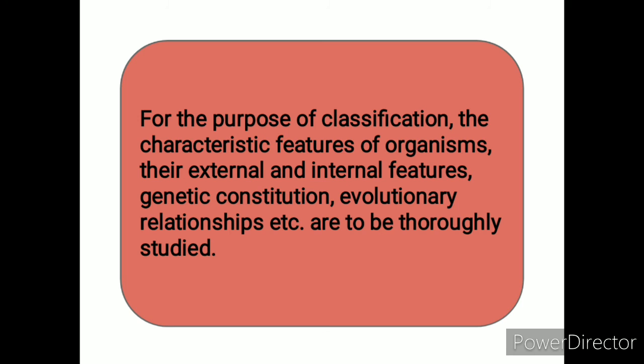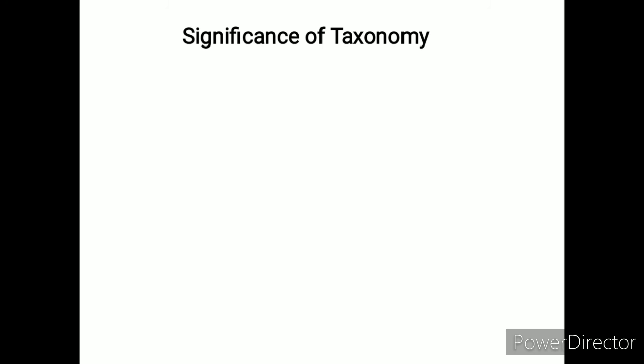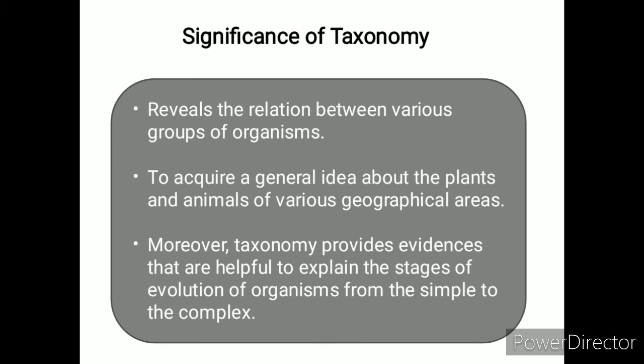Now let's check the significance of taxonomy. Why is taxonomy significant or why is it important? Taxonomy reveals the relation between various groups of organisms. So by undertaking taxonomical studies, it helps to identify the relation between various groups of organisms.